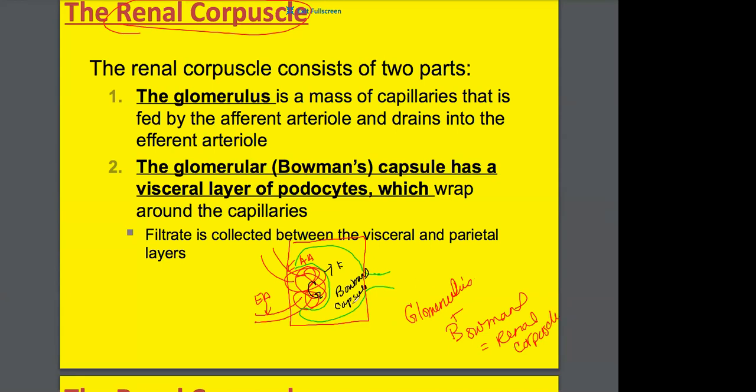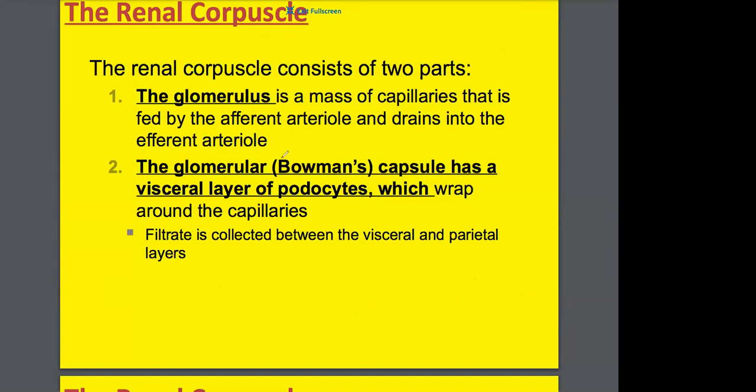Those two together. From that point, we want to realize what this is saying. The glomerular Bowman's capsule has a visceral layer which wraps around the capillaries.